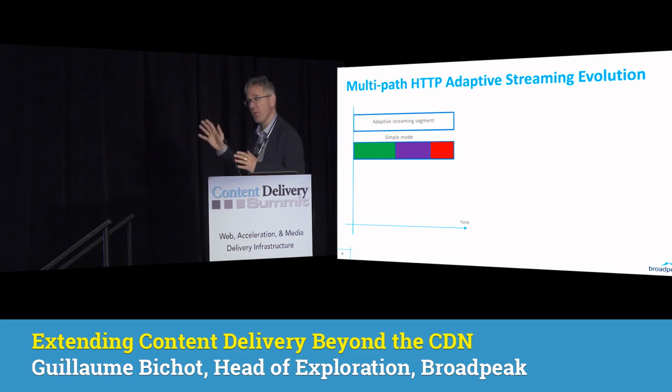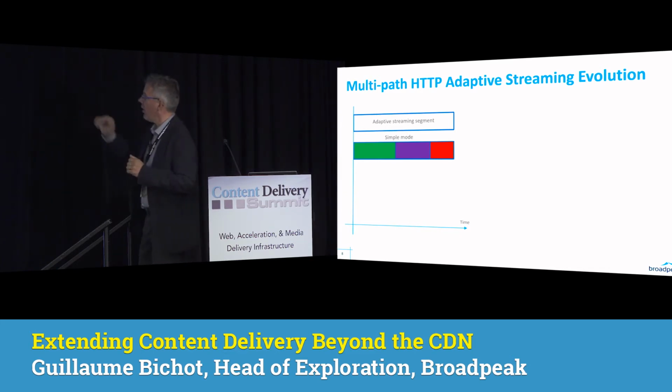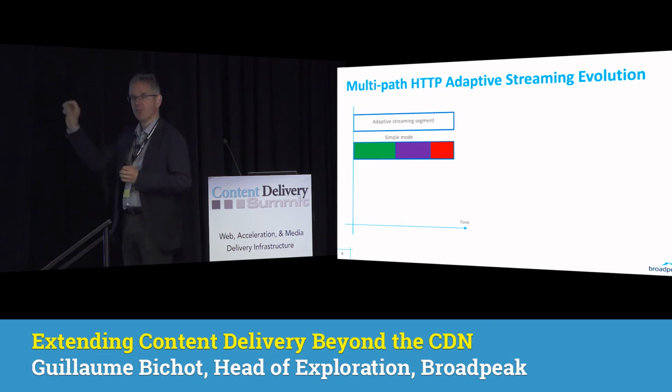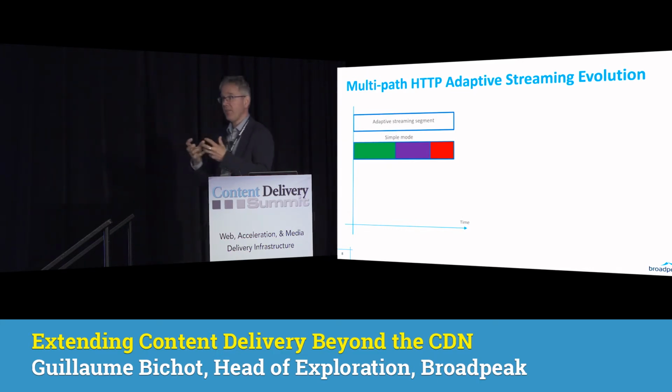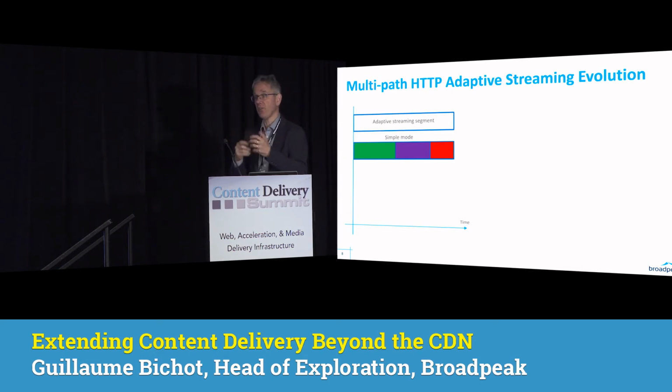But there are some drawbacks here because we detected that some players do measurements. The player has to do measurements to evaluate the available bandwidth. So the player may be misled here, because when we send the rest of the data, the purple and red ones, it may detect a bulk transfer. So it could believe that there is a lot of bandwidth, although there is not.